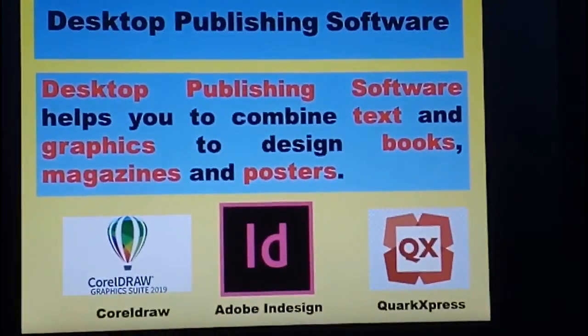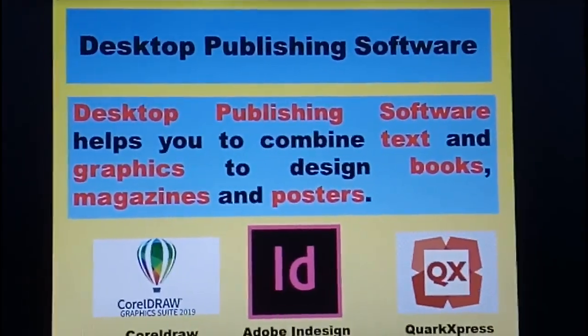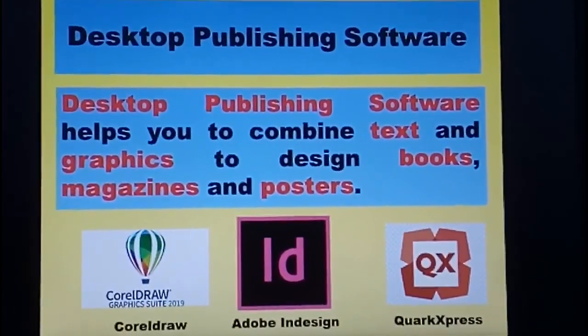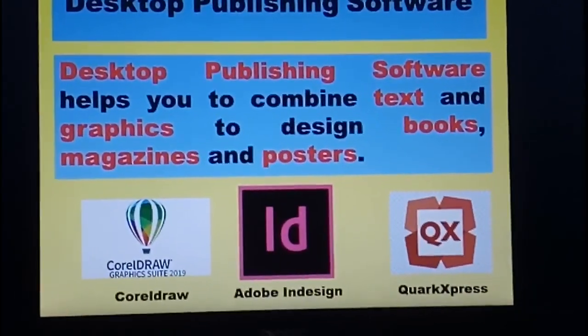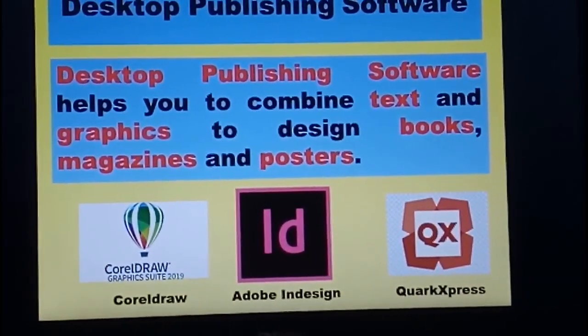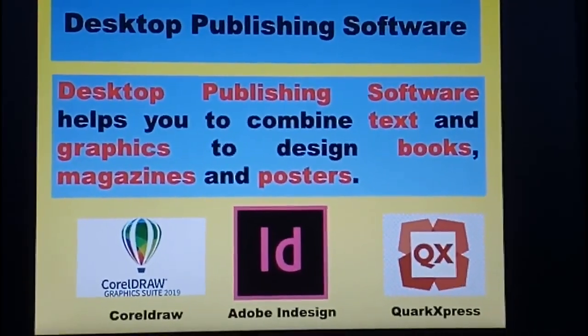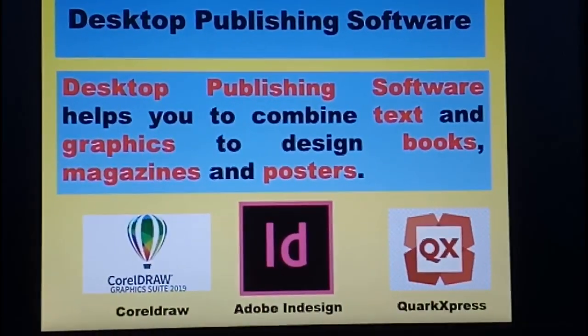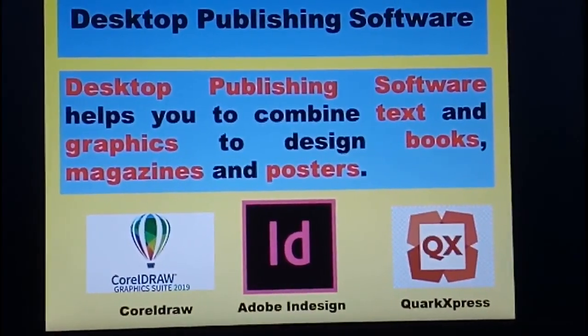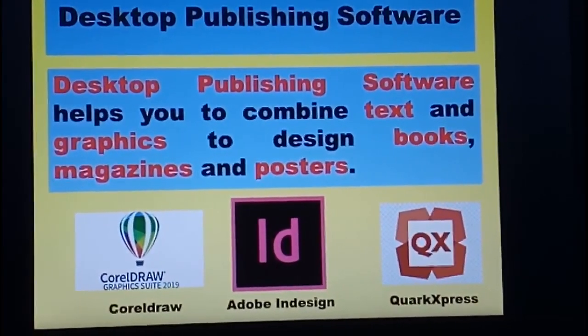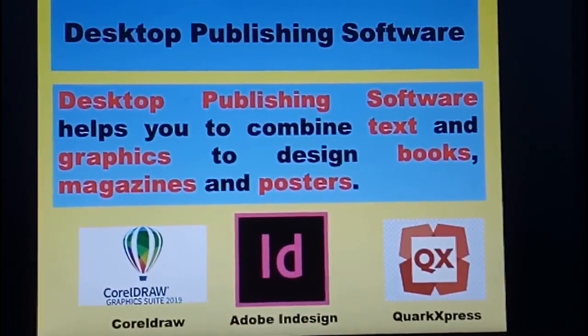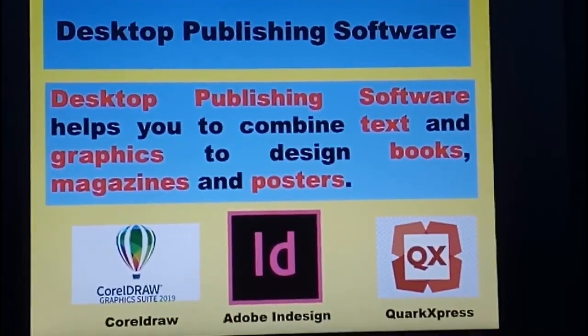The next general purpose application software is desktop publishing software. Desktop publishing software helps you to combine text and graphics to design books, magazines, and posters. Now, using MS Word, you can possibly make a poster, but then MS Word is not really meant for making posters.